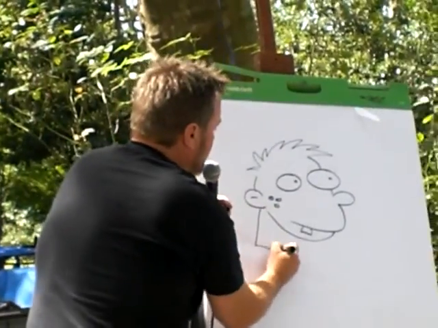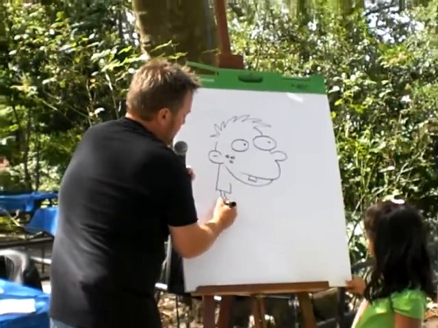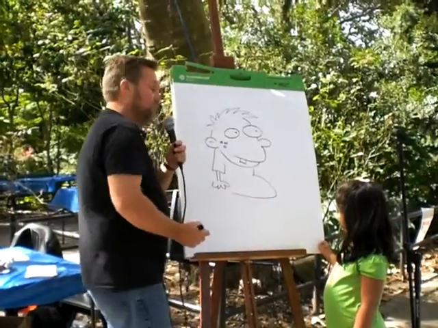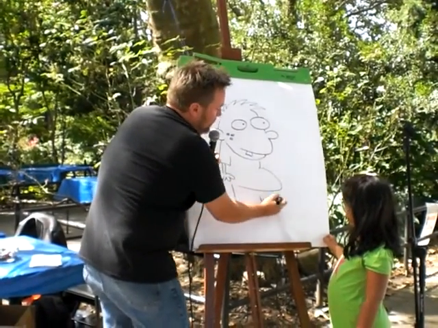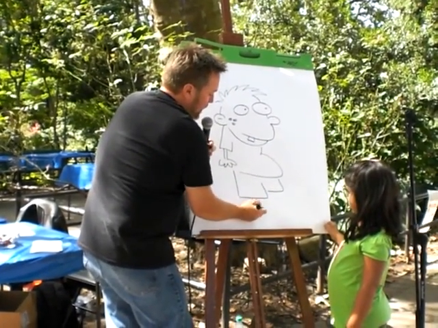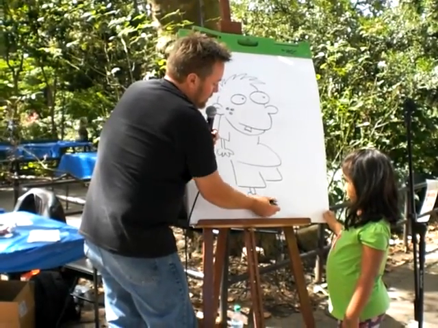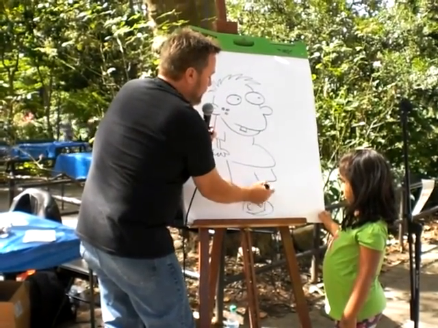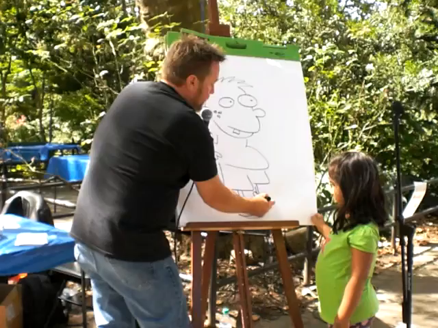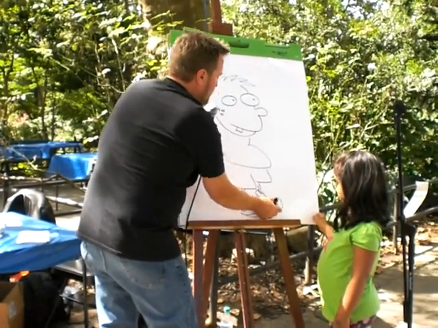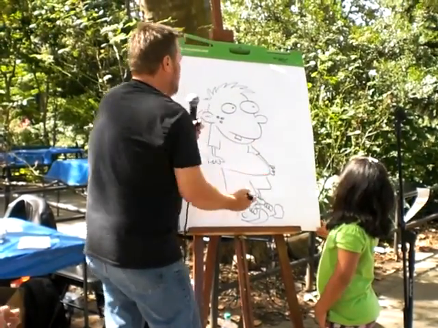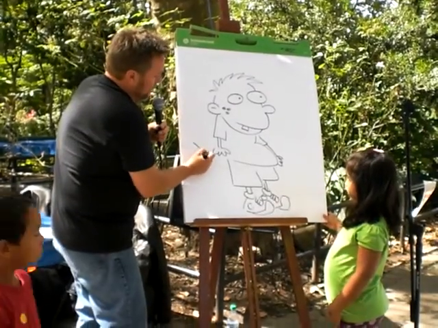And so I gave him a little bit of a belly. So he's kind of chubby. And he has shorts just like Andrew, and he wears sneakers just like Andrew. So that's how we draw Roy Boy.